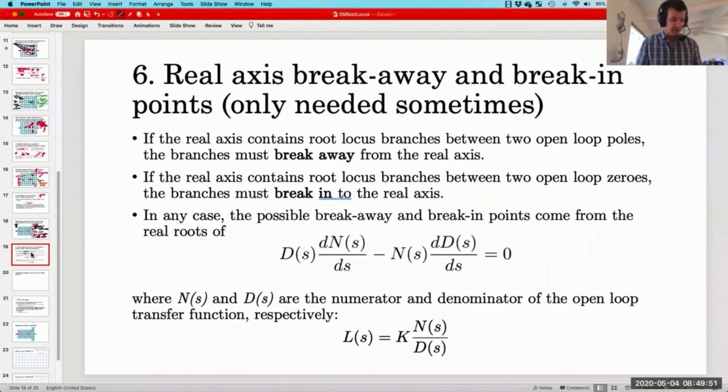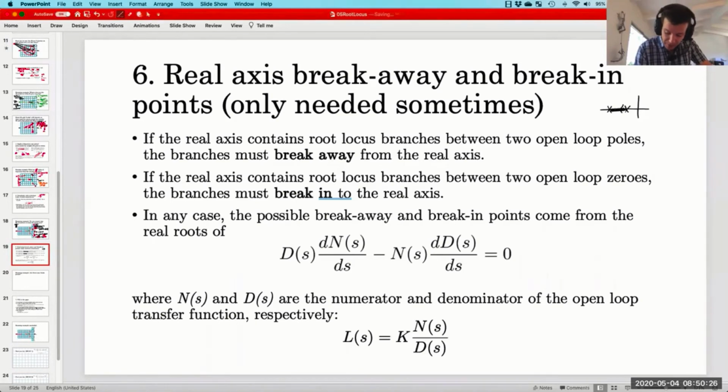And this is determining when and if the branches break away from the real axis or potentially break into the real axis. So the bullet points here give you most of the story: if we ever have a situation, say like this, then if you do your real axis loci parity check, you'll find that the locations where closed loop poles can be that are real are between these two open loop poles.